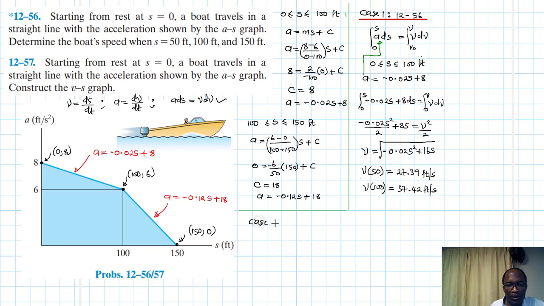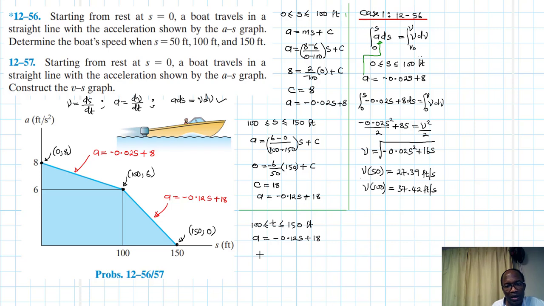So let's go to the second case. We are within the same interval, the second interval, which is from 100 to 150 feet. In this interval, our a is equal to minus 0.12 s plus 18.